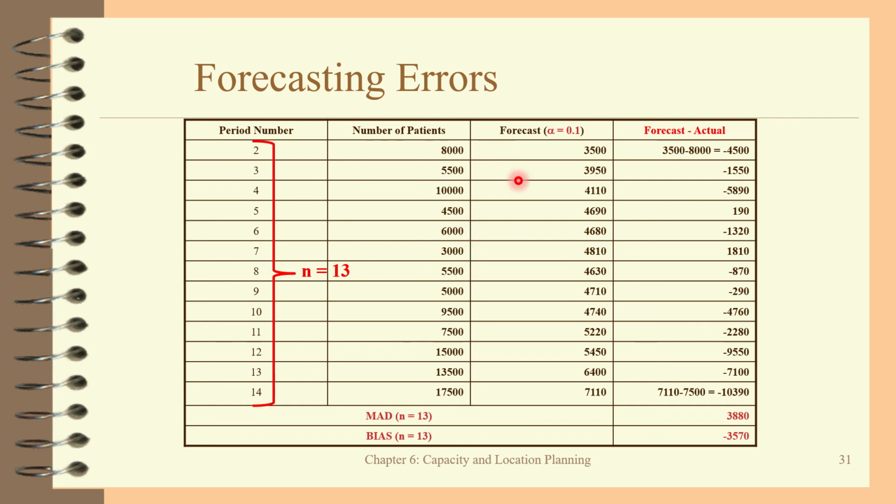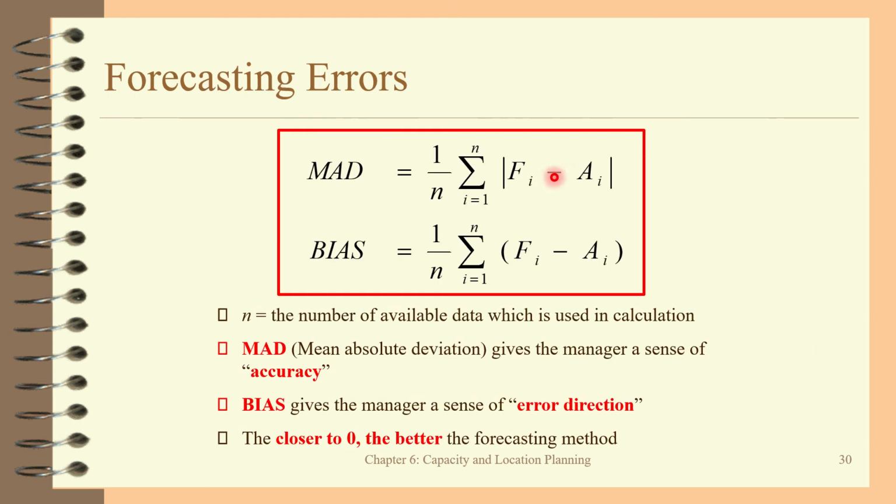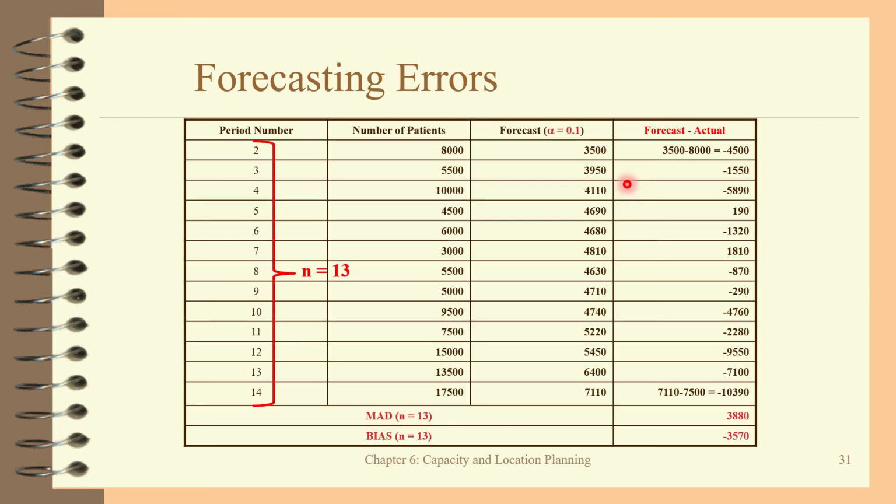And the calculation here is forecast minus actual, because the formula is forecast minus actual for both MAD and bias. So this column you need to calculate by yourself. Okay, that is 3,500 minus 8,000. You got minus 4,500.